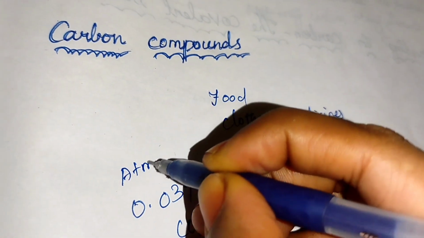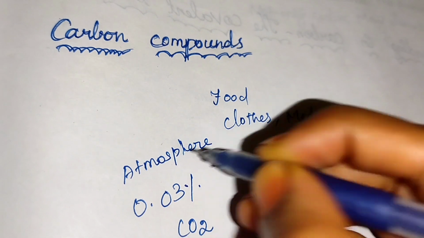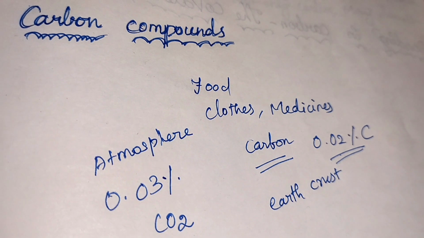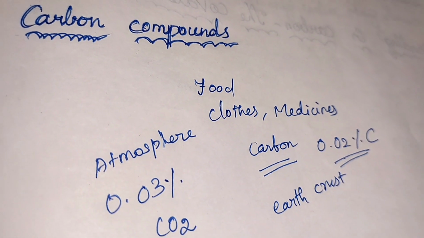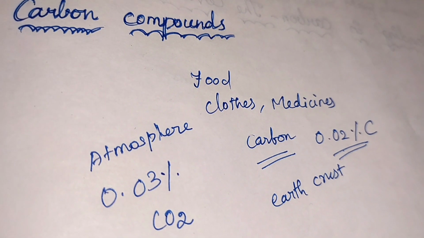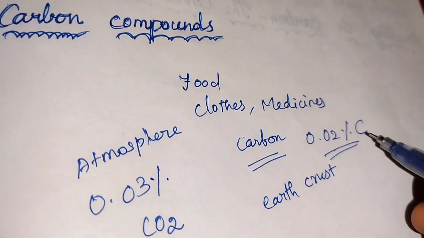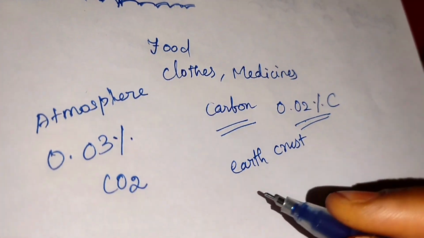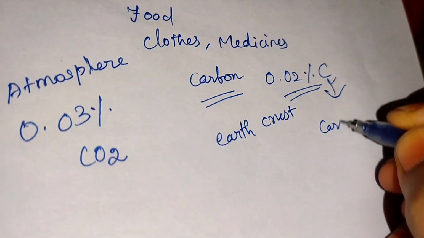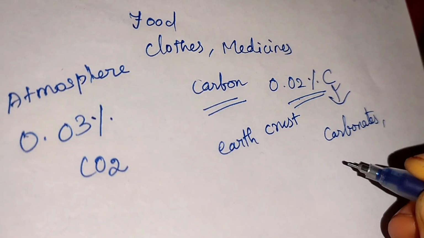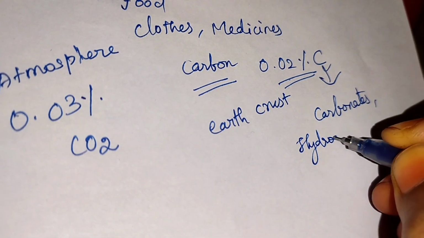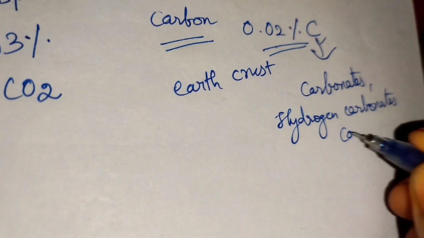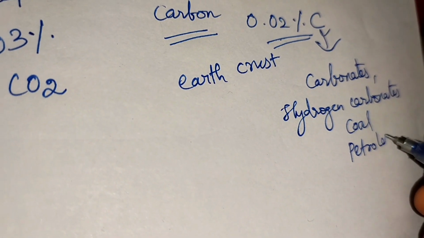The earth crust does not contain carbon directly, but in the form of minerals such as carbonates, hydrogen carbonates, coal and petroleum.